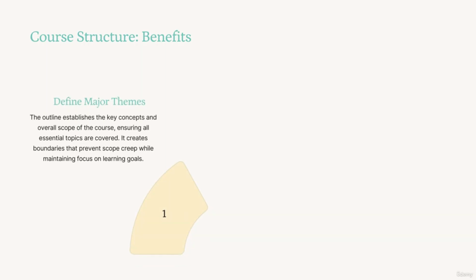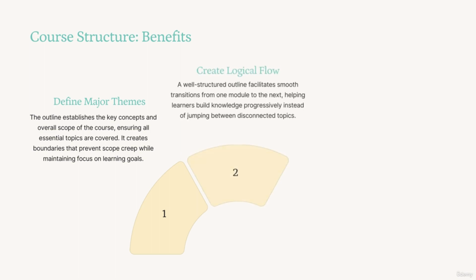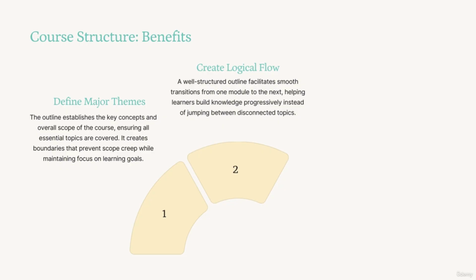So what the course structure helps us achieve is, number 1, it defines the major themes in the course and blocks them as different modules. Number 2, it creates a logical flow. So module 1 flows into module 2, module 2 flows into module 3, and so on. There's no limit to the number of modules you want.